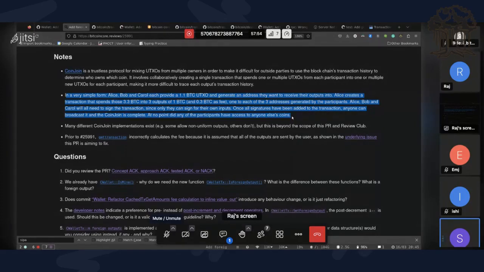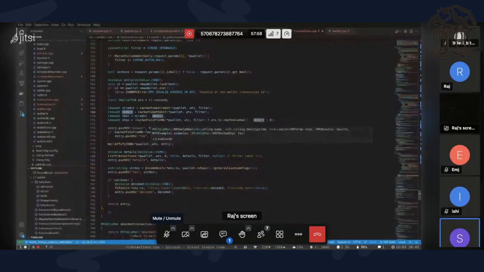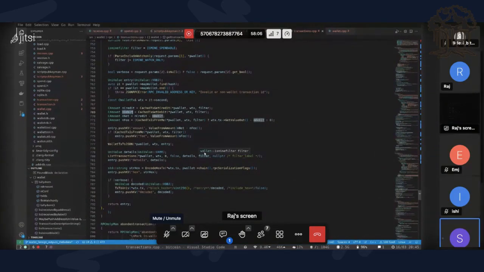The wallet wouldn't be able to know who the receiver was, whether I really sent it to that receiver or not. Right, you're right. Is that confusing? I'm confused about your confusion, but that's okay.